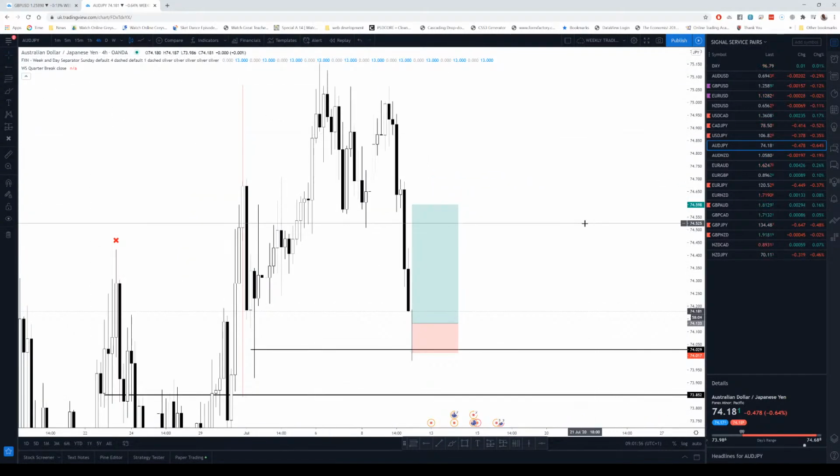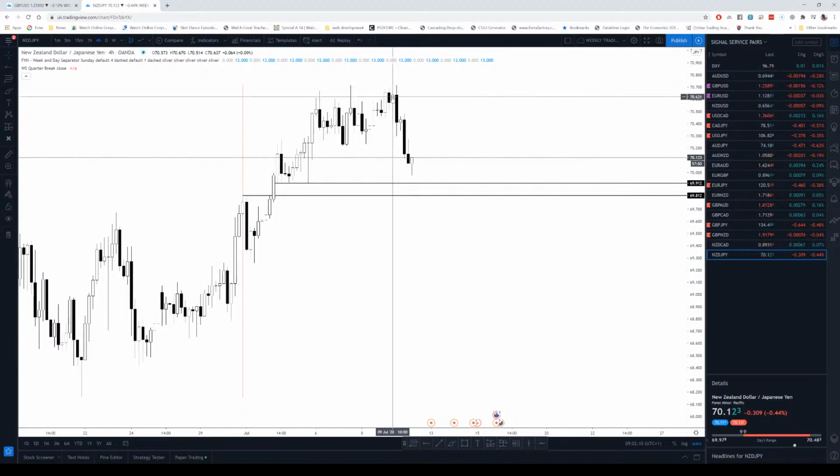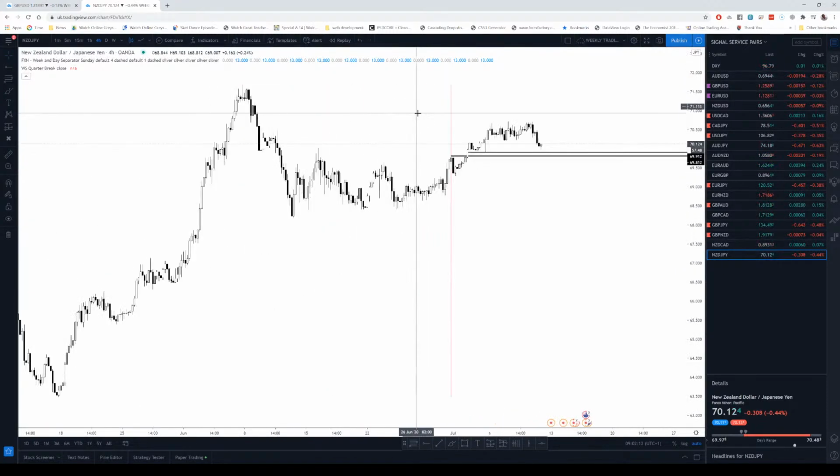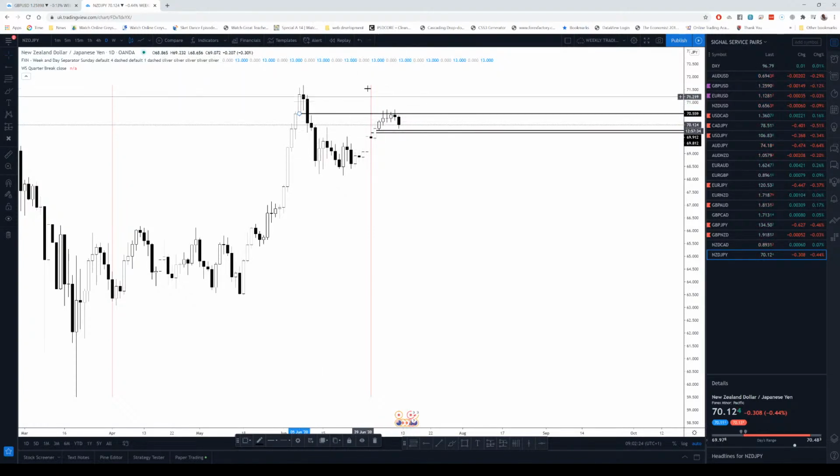Okay, so I think I've covered everything. There was going to be a draw up to those previous highs, these ones, yes, that's what I expected as well. The reason why it didn't go up is there is a level in here. It's a daily level, that's why it was struggling to go up.